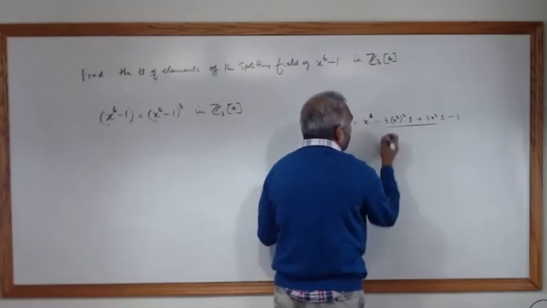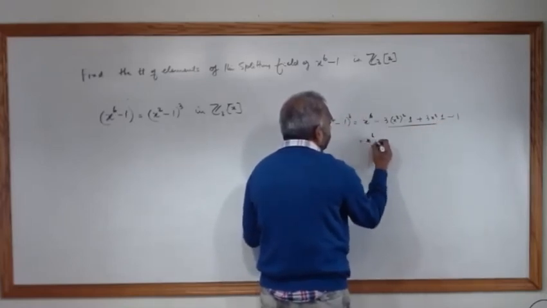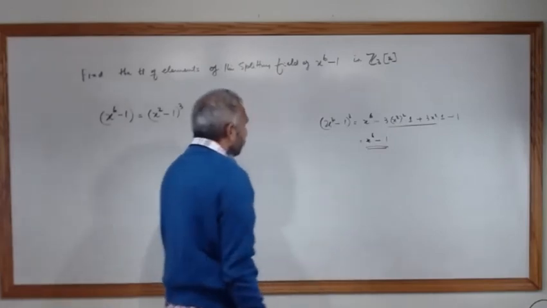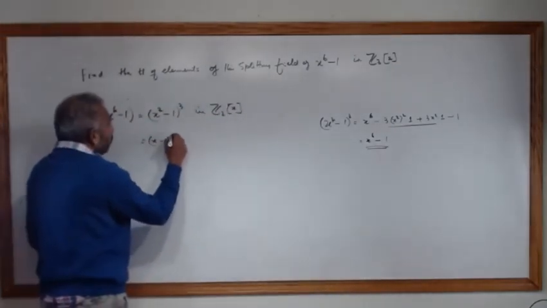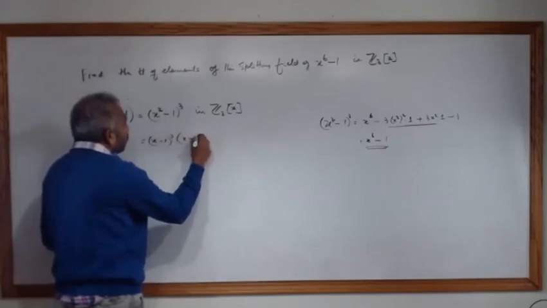And the coefficient 3 is 0 here. So this is actually x to the power of 6 minus 1. So this is equal to x minus 1 whole cube times x plus 1 whole cube.